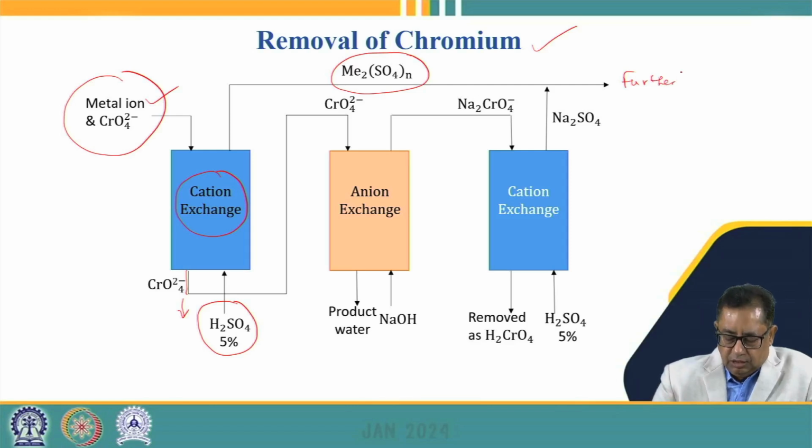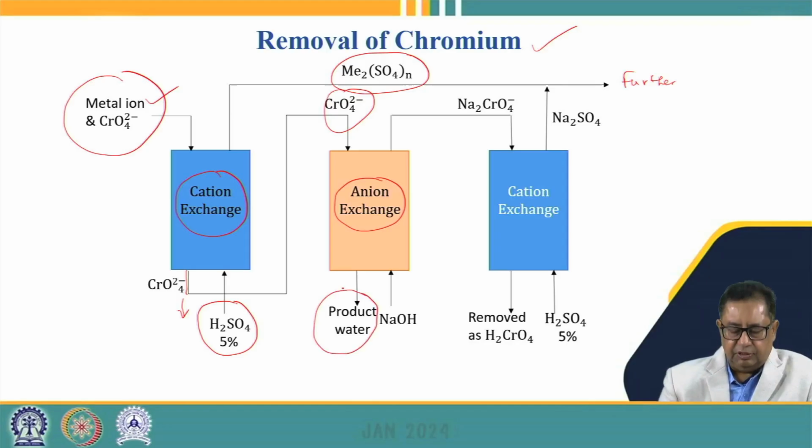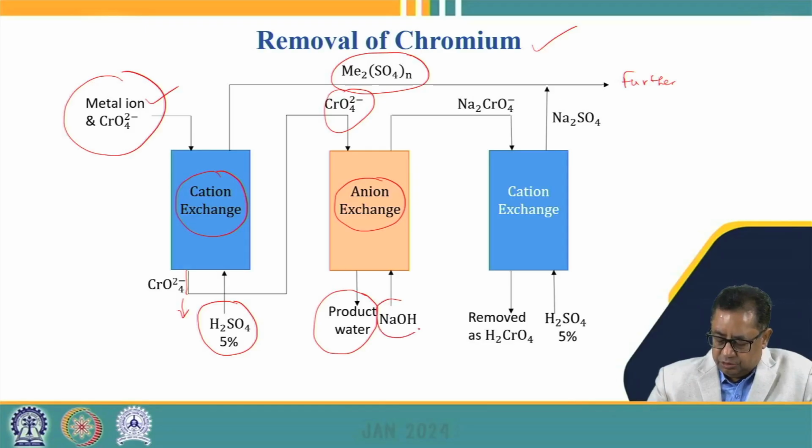Similarly, this chromate then goes into the wastewater. This chromate is now passed to the anion exchanger, where the chromate is exchanged with the OH minus ions. And we get a water which is free from these metals as well as the chromate solution. Now it is regenerated by using sodium hydroxide. With this sodium hydroxide, the chromate ions are replaced by OH minus ions, and sodium chromate goes into the solution.